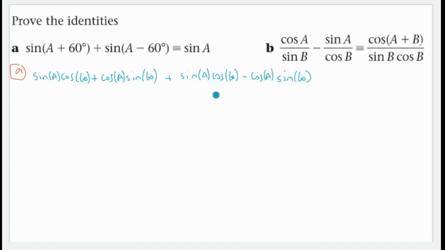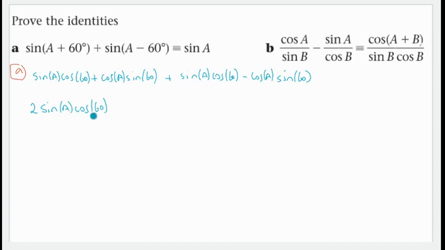sine 60. Okay, so first of all, just to make things a little bit easier, we've got the cos A sine 60 and minus cos A sine 60 cancel. So you're just left with sine A cos 60 plus another sine A cos 60. So this is 2 sine A cos 60.